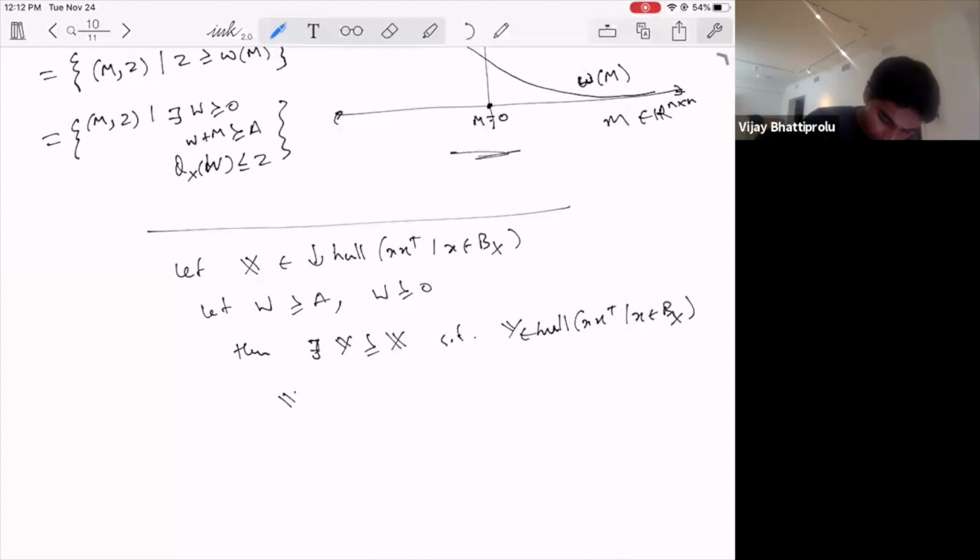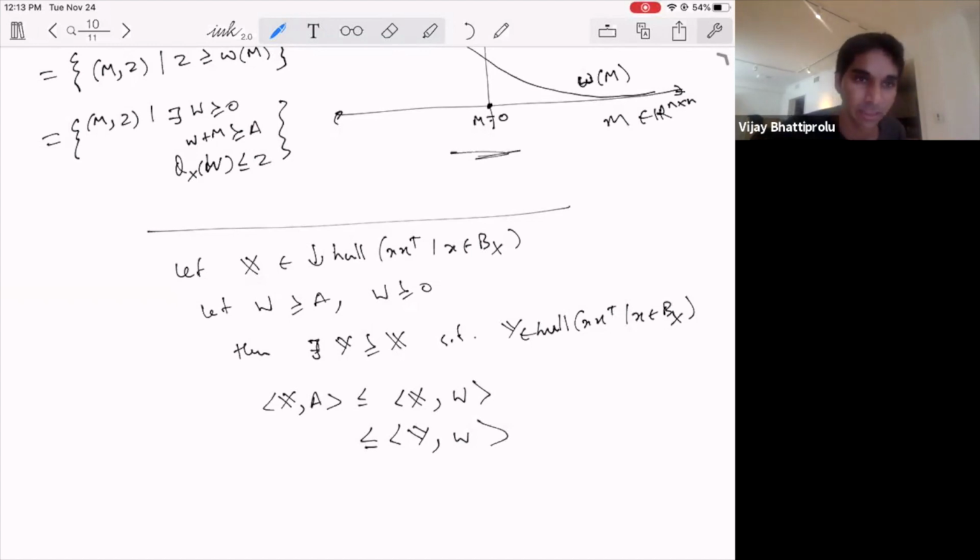And now X inner product A is at most X inner product W. This is because A minus W is negative definite, which is at most Y inner product W, using the fact that Y, X and W are all PSD, and Y dominates X, which is at most QX of W, because Y is a convex combination of outer products.